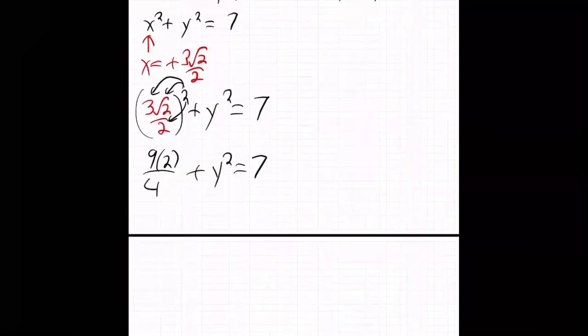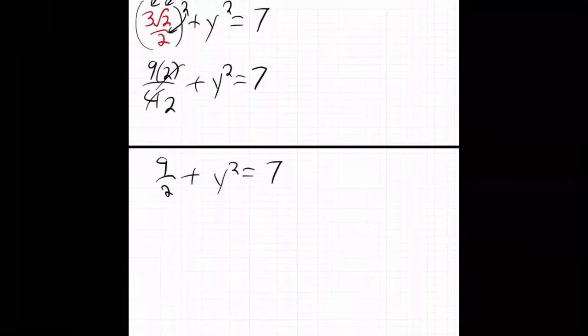So then 2 goes into 4 2 times. So it becomes 9 halves plus y squared is 7. What do you do now? Well, I would just subtract 9 halves from both sides.